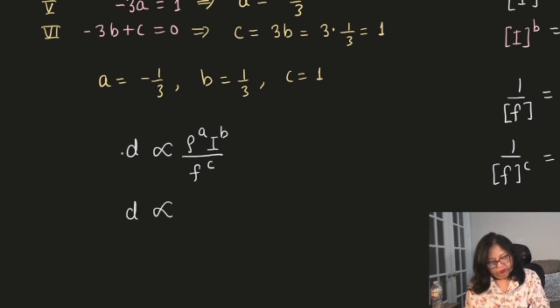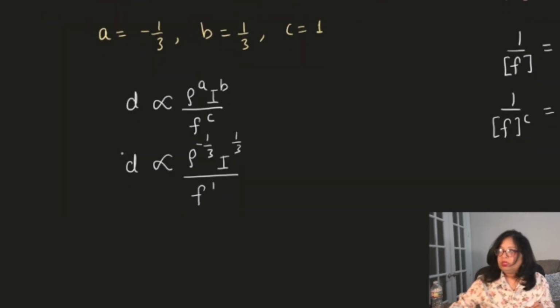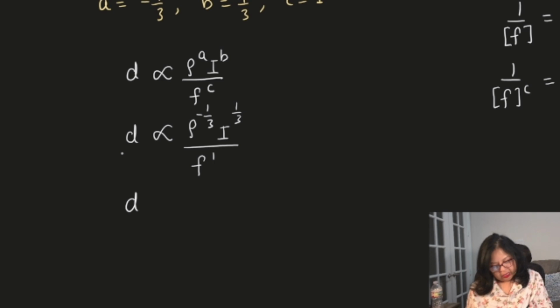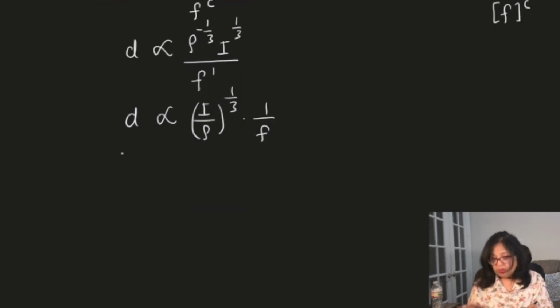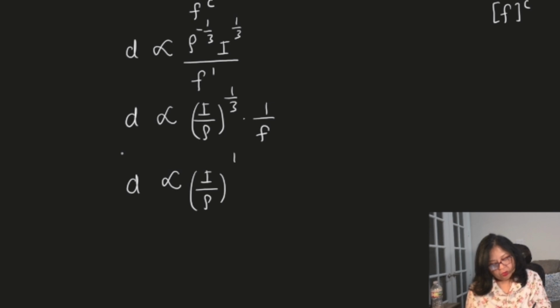So this becomes D is proportional to rho to the power minus 1/3 for A, I to the power 1/3 for B, divided by F to the power C, where C is equal to 1. So this can be written as D is proportional to I divided by rho to the power 1/3 times 1 over F, which can also be written as D is proportional to I over rho to the power 1/3 times T to the power 1.